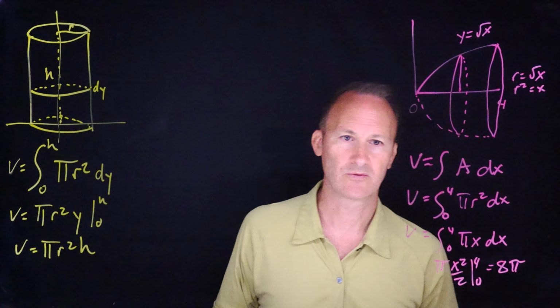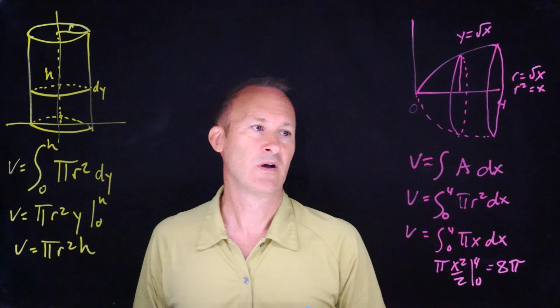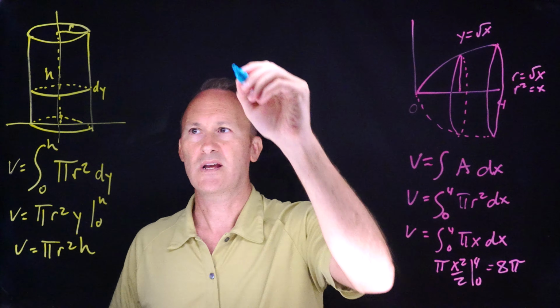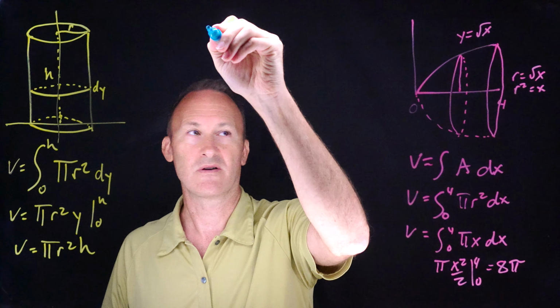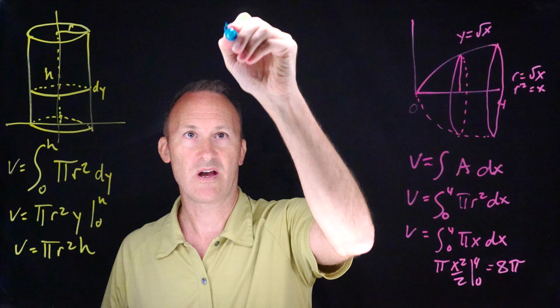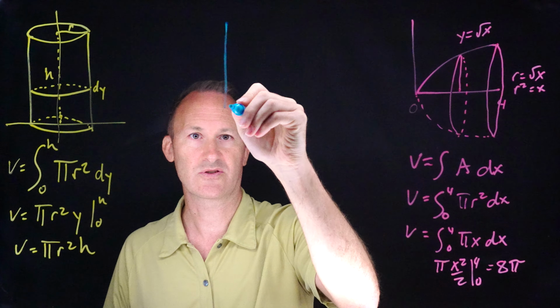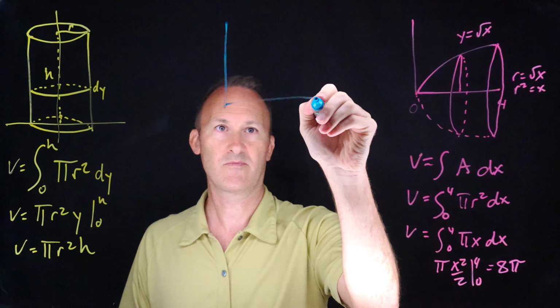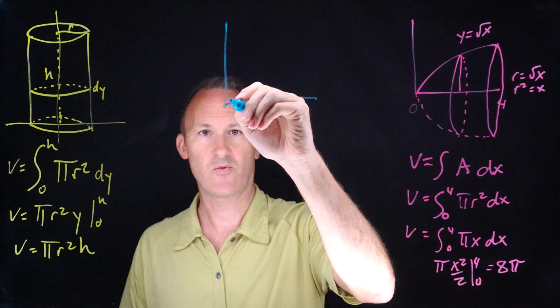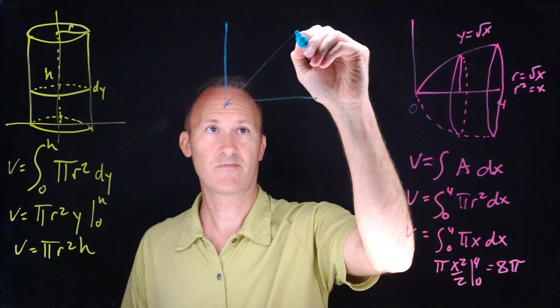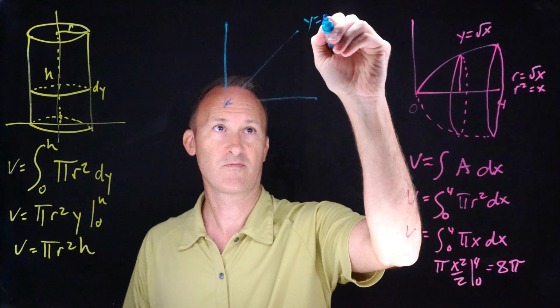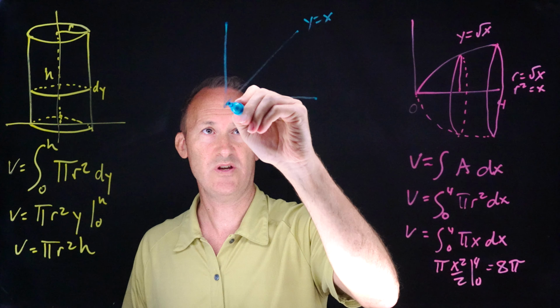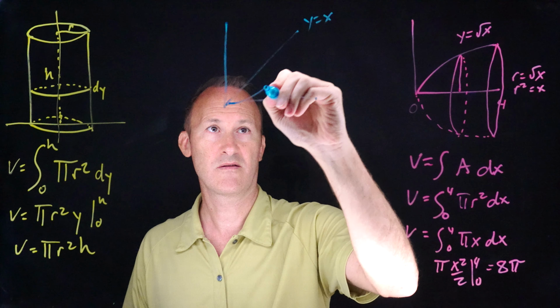Okay, let's look at another one. For this next example, we have a curve, and again, we'll just look at the positive part of the curve. We'll go with, say, y equals x, and then between y equals x squared.